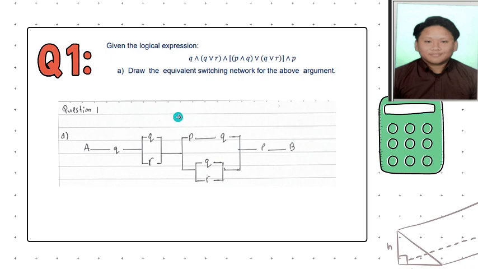So first I draw the A and B to symbolize start and end. Then I draw Q and connect it with Q or R with serial circuit. The Q or R will be connected with parallel circuit.